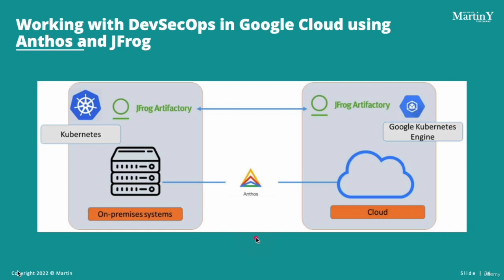JFrog Artifactory takes care of storing artifacts that are used when building applications. We already saw how the pipeline starts by pulling code from the source repositories. Developers need to be able to rely on the tooling that stores the artifacts, code building blocks, in a comprehensive and safe way so that software delivery to the pipelines can be automated.